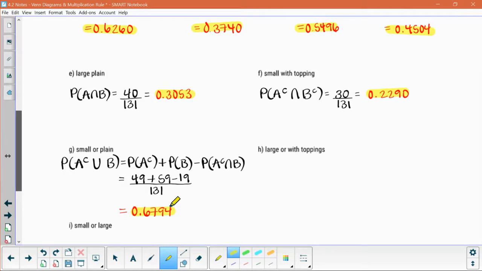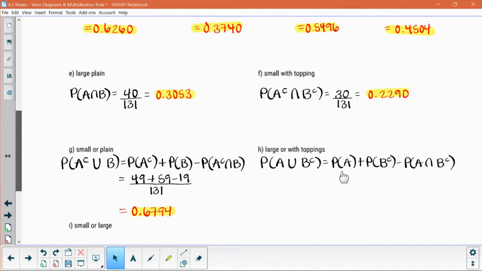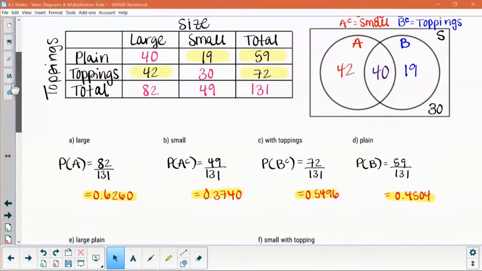For H, we are going to look at the probability of A, which is large, or with toppings, which is B complement. So I want the probability of A plus the probability of B complement minus the probability of A and B complement. So if I go up to my Venn diagram, the probability of A is 40 plus 42. The probability of B complement is going to be this, everything outside of circle B. So that's going to be 42 plus 30.